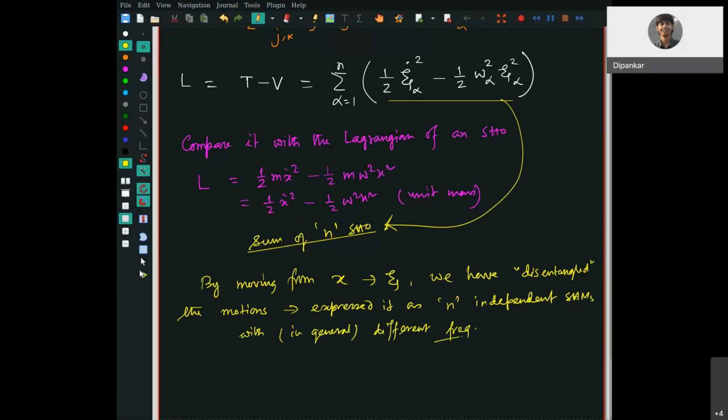So this is the advantage of going to the normal coordinates.